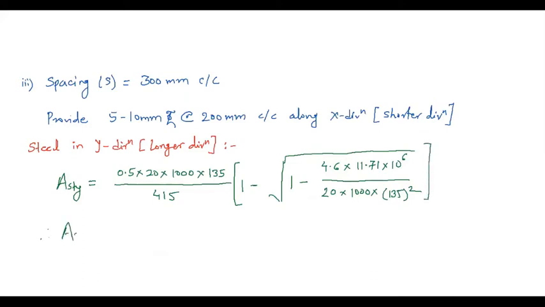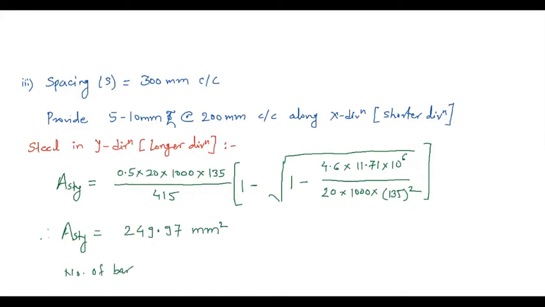Therefore, ASTY is equal to, calculate the answer. 249.97 mm square. Again, assume 10 mm diameter bars and calculate the number of bars.